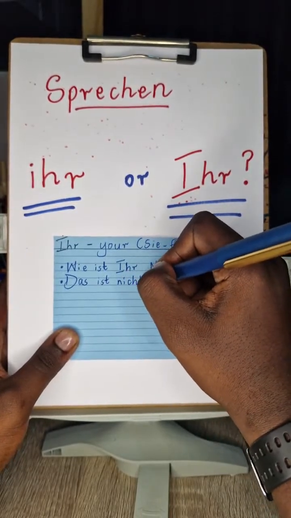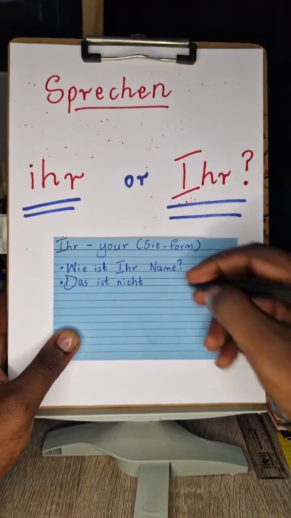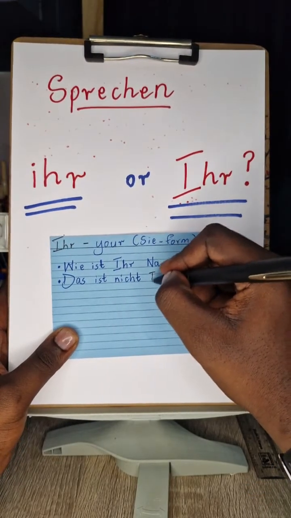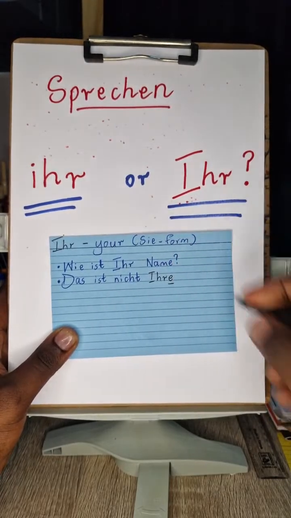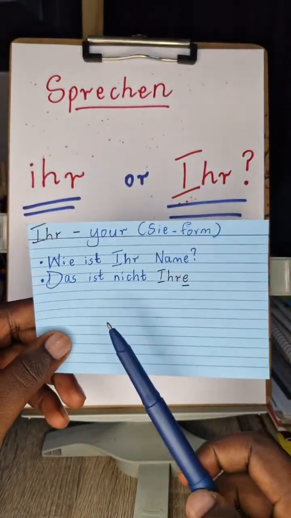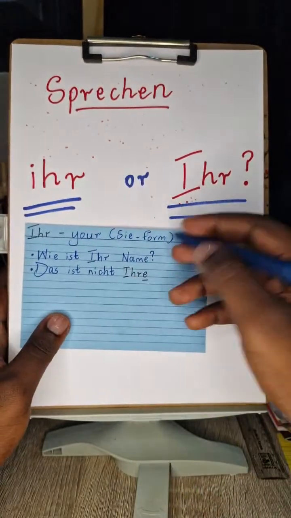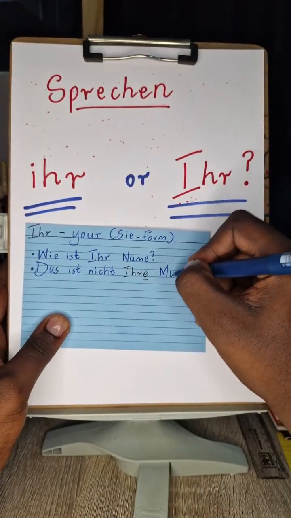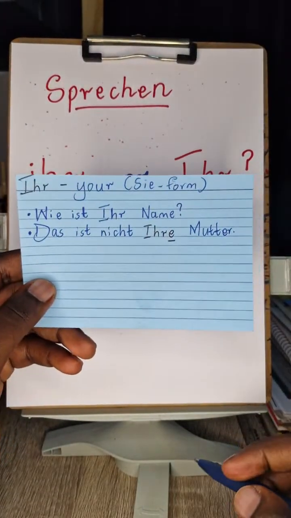Because in German, whenever we use the possessive pronoun, we use it depending on the gender. So I want to say, this is not your mother. Das ist nicht ihre Mutter. Look at that. Das ist nicht ihre Mutter.